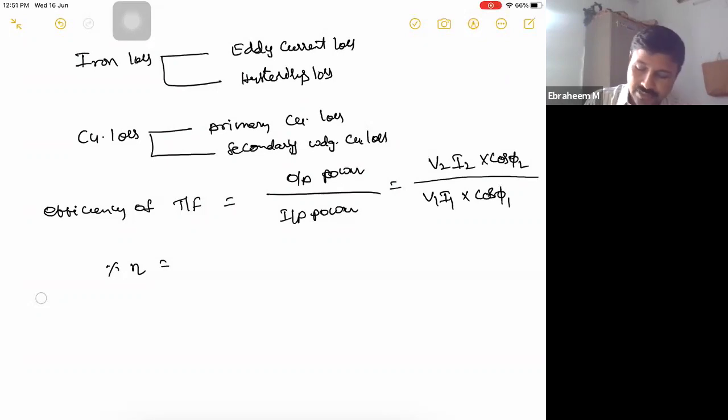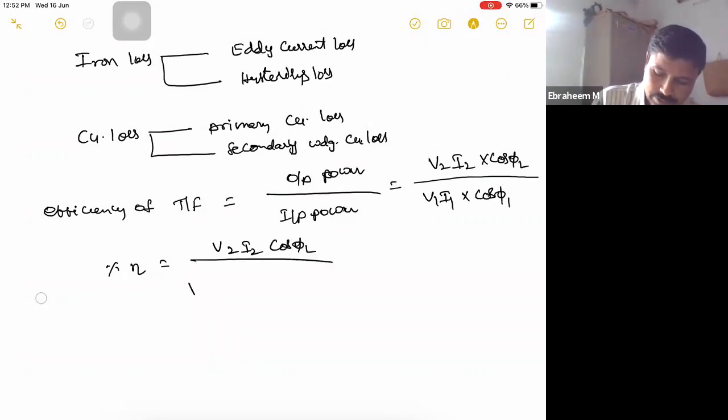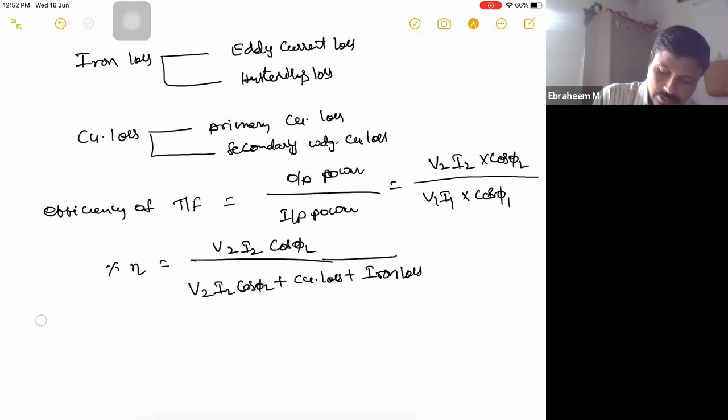We will see what phi 1 and phi 2 are. Percentage efficiency is V2 I2 cos phi 2 divided by V2 I2 cos phi 2 plus copper loss plus iron loss, multiplied by 100.